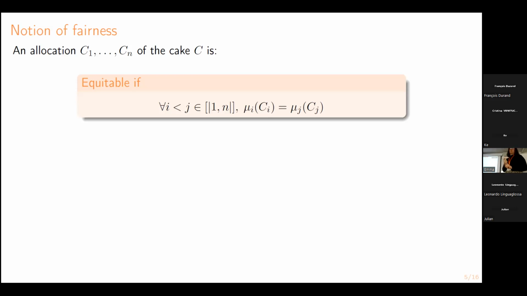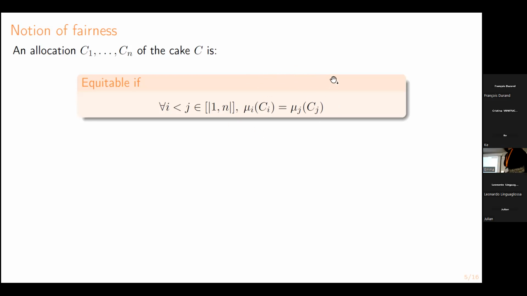The first reason is that here everyone could be not very happy with their piece of cake, but as long as everyone has the same level of happiness, this still holds. For example, everyone could have a utility of 0.1 here, and this could still hold.